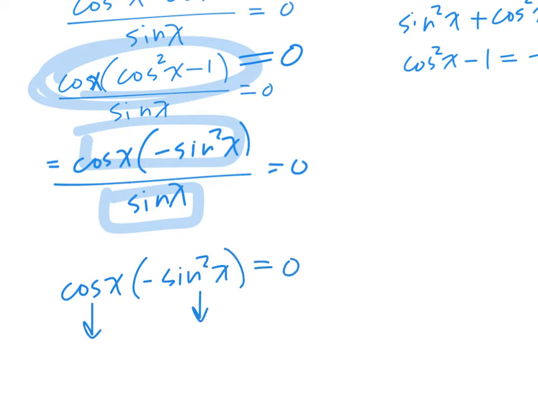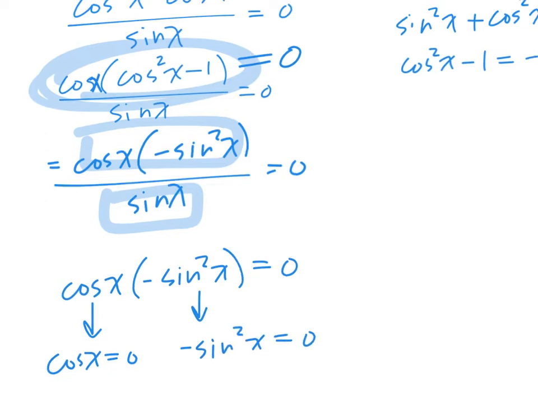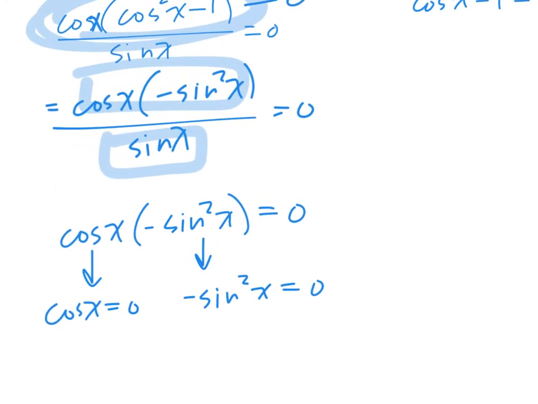We're in factored form. Factored form means something times something. If we're in factored form, make each factor 0. Cosine x equals 0. Negative sine squared x equals 0. The negative is negligible. It doesn't matter. We can divide everything by negative and it's gone. Okay, solve. Unit circle.